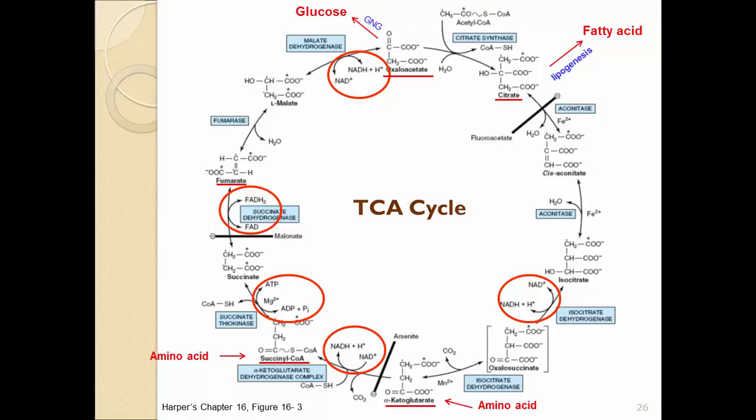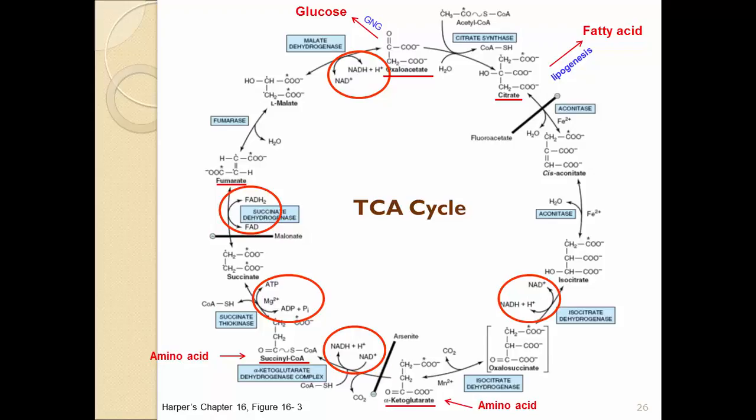And the other important function of the TCA cycle is to connect the metabolism of glucose, amino acids, and fatty acids, right? It's also very important in gluconeogenesis, particularly from amino acids.